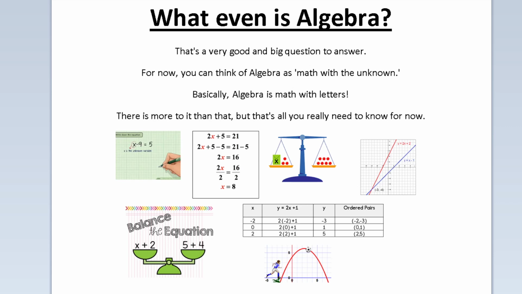Maybe if you're in 7th grade, you've been using X and Y. We haven't really talked about what they are or why so much yet. I've kind of shown you in 7th grade, but now we're going to dive into how we're actually going to use variables going forward in math. Not just in my class, but through high school, and if you take math in college, through college.